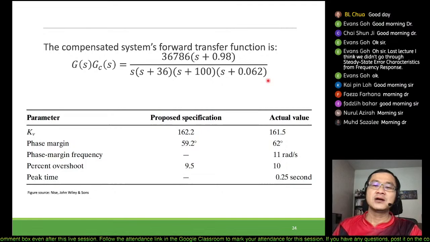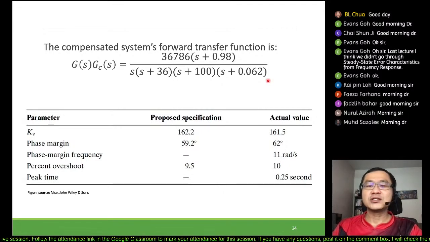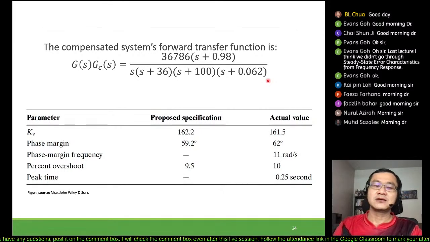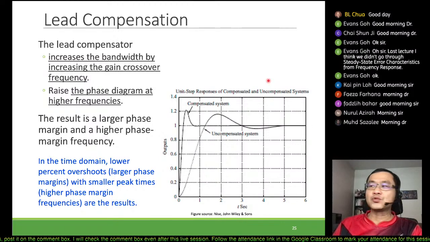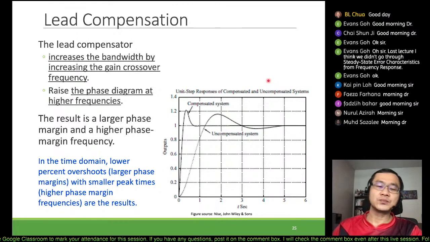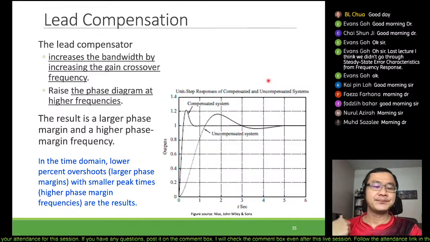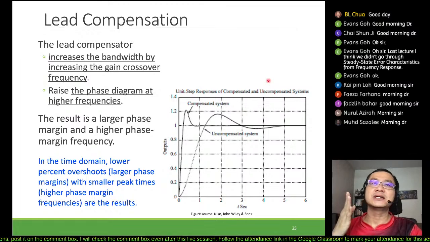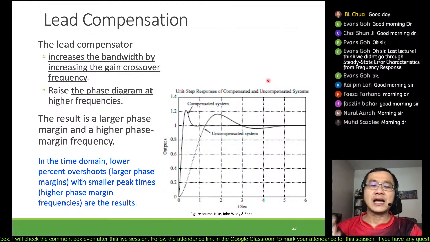So this is how, by using the frequency response technique, we are able to achieve the desired steady state error specifications. Next would be the lead compensation. For lead compensation, our intention is to adjust the transient response, which corresponds to maybe the peak time or settling time, which again relates to the damping ratio and other parameters.